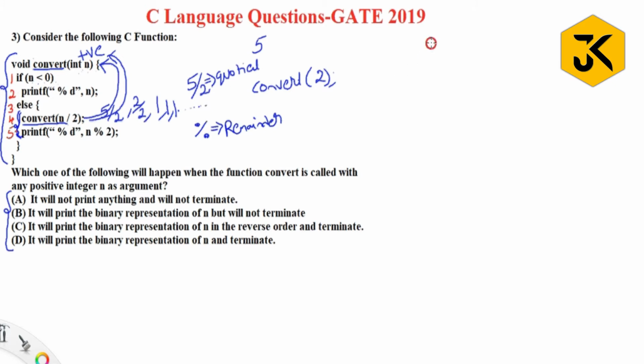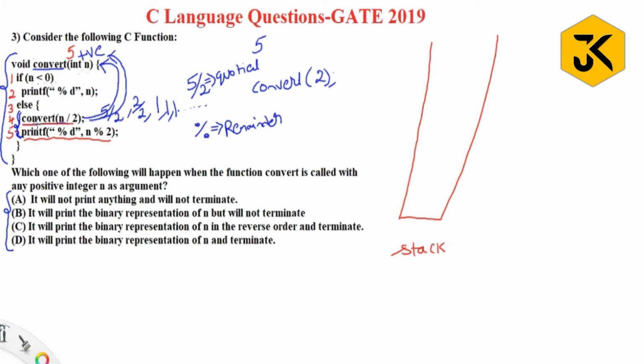I am taking a different representation, some stack. We will call it a stack. I have given the integer value 5. 5 less than 0. Condition fails. Then it is going to execute the else condition.